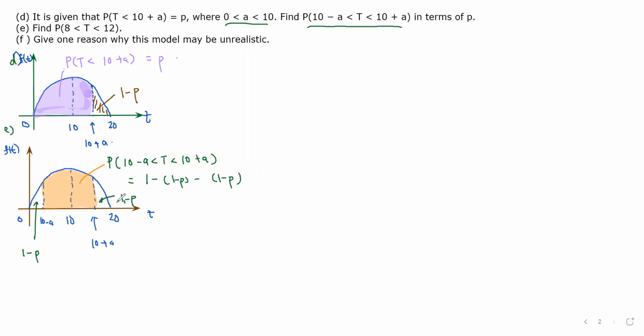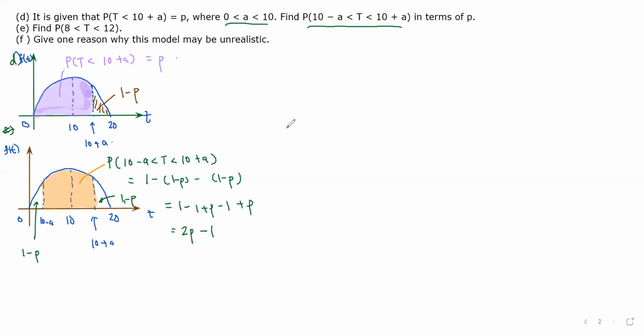All these three regions add up to 1, but we want this region, so we take 1 and subtract the 2 unshaded regions, and this will give us 1 minus 1 plus p minus 1 plus p, which is 2p minus 1. So the probability that t is in between 10 minus a and 10 plus a is 2p minus 1.